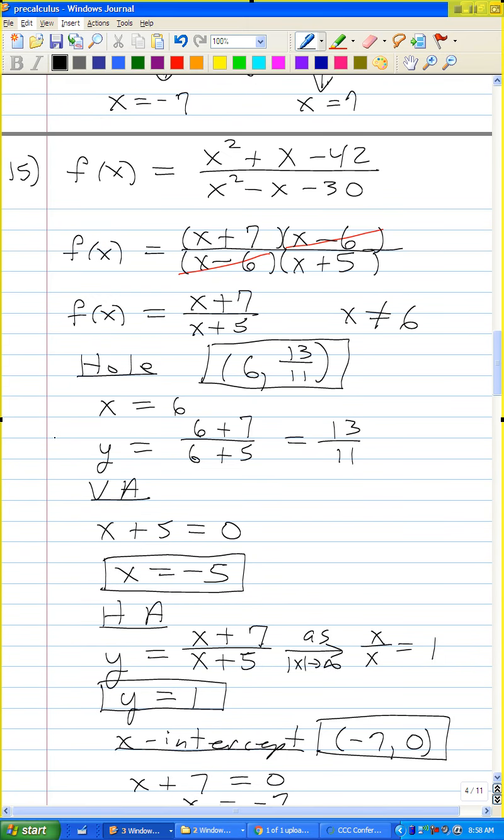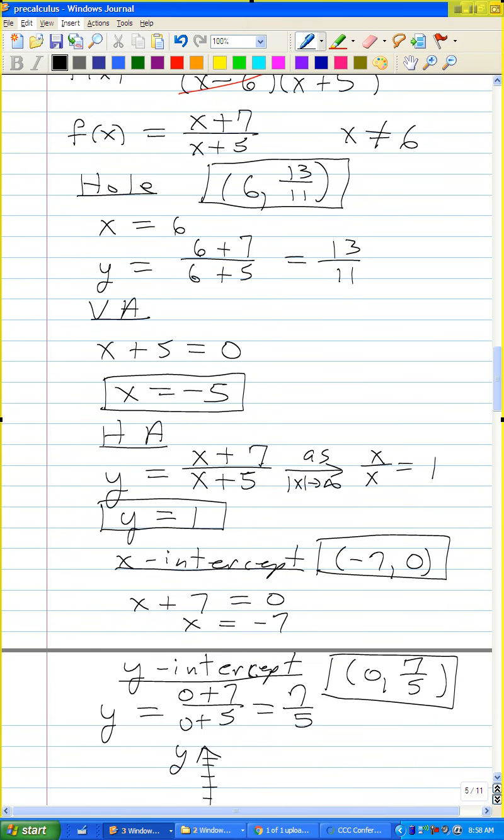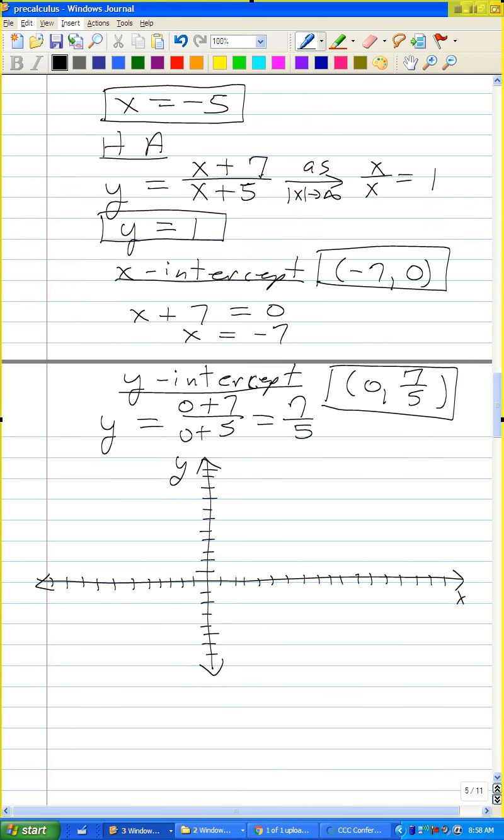let's see. Let's do the vertical asymptote, negative 5. 1, 2, 3, 4, 5. So that's my vertical asymptote. I have a horizontal asymptote at y equal 1, of course.